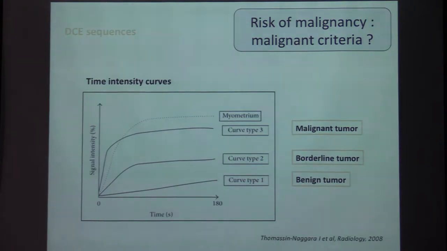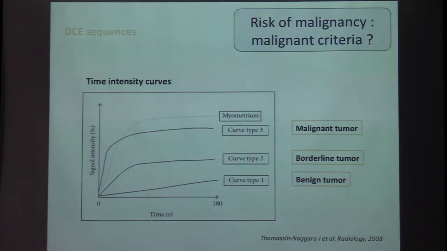3 types of curves have been described using the adjacent myometrium as the reference, and which are correlated to the histological type. First curve, type 1, the benign one, describes a gradual enhancement.